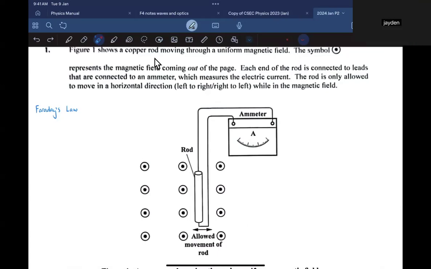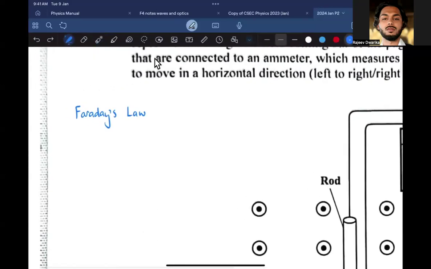Yes, sir. And so because it's changing the position of the rod, it's going to cut the magnetic fields and experience a change. And so by moving the rod left or right, you're going to induce a current in the rod. So let me write down Faraday's law real quick.